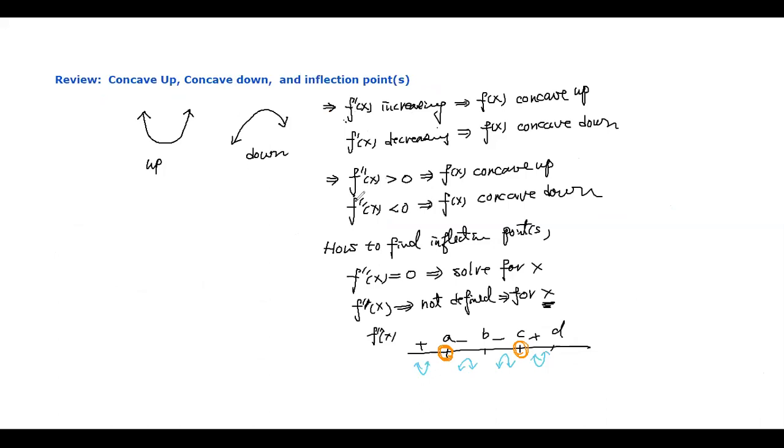Then you set the second derivative equal to 0 and solve for x. Then you also look at where the second derivative is not defined and solve for x. Then you mark it. After you mark it, you use the second derivative to decide what is positive or negative. And this will determine whether your function f of x is concave up or concave down. Like I say, it's very mechanical.